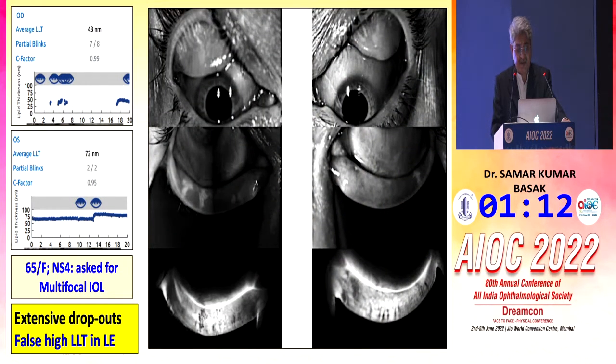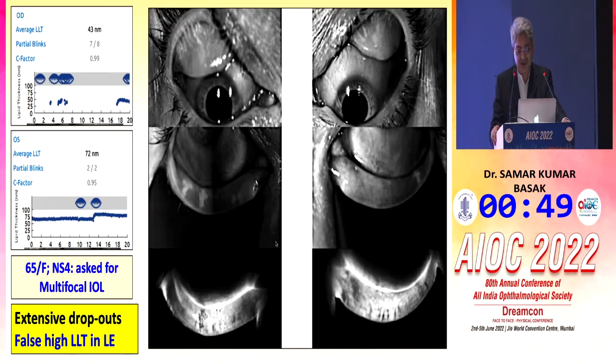And this patient, 65 years, NS4, asked me for a multifocal IOL. And routinely we are doing the LipiView system for premium IOL surgery, multifocal, toric, to see. And you see that in the left eye there is no gland in the lower lid, whereas in the right eye you can count that there are 2 glands.